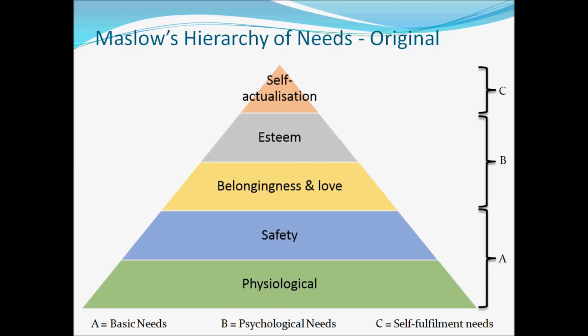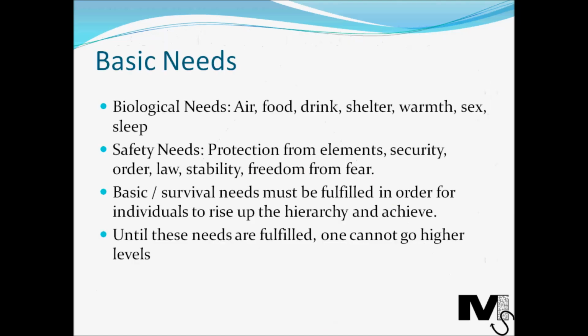So why is that? This exists for a reason. Beg your pardon, I think I mentioned physiological. It would be psychological needs. So belongingness and love and esteem can be clubbed together as psychological needs. Beg your pardon.